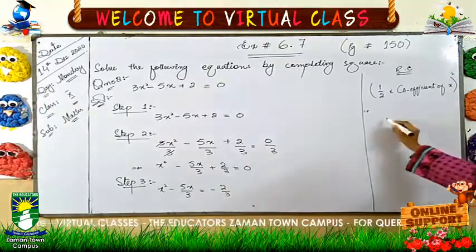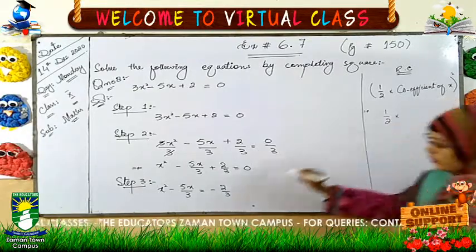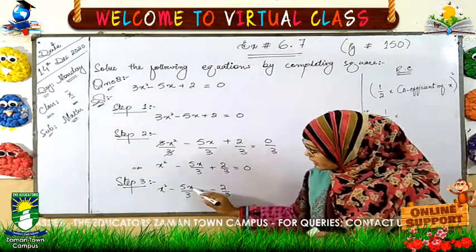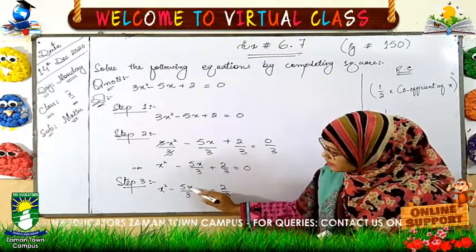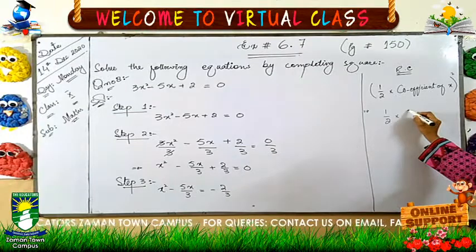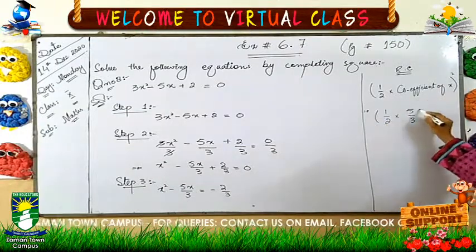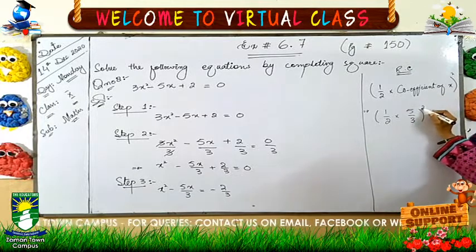So we write 1 upon 2 multiplied by the coefficient of x. What is the coefficient of x? We have x as a variable and the coefficient is 5 upon 3. So we take 5 upon 3 as the coefficient of x and make a bracket with a square.